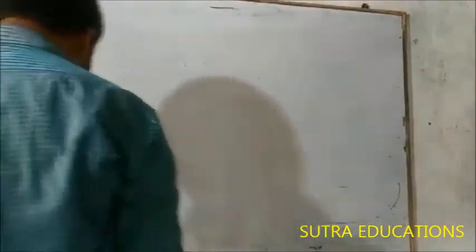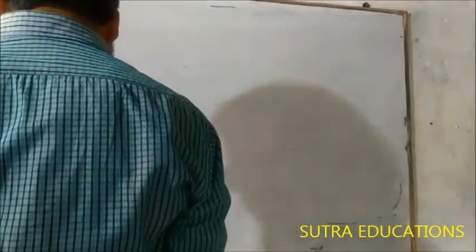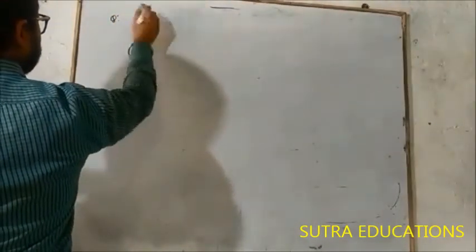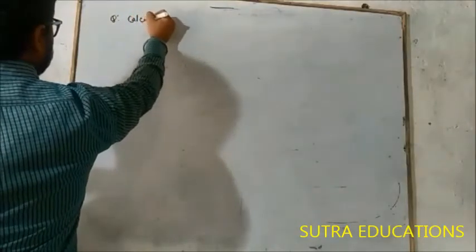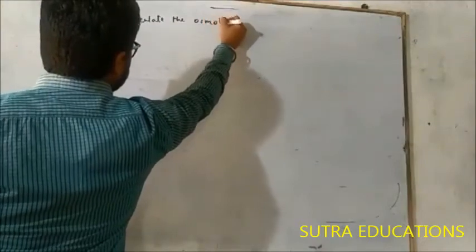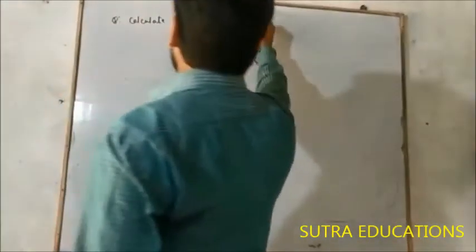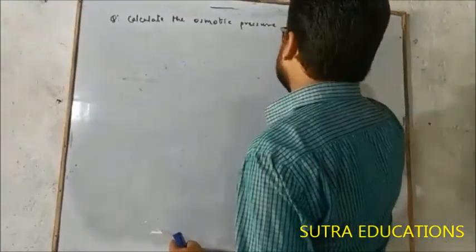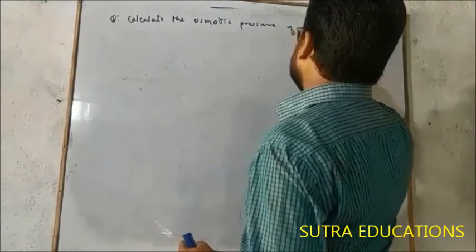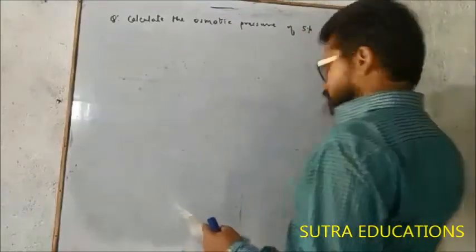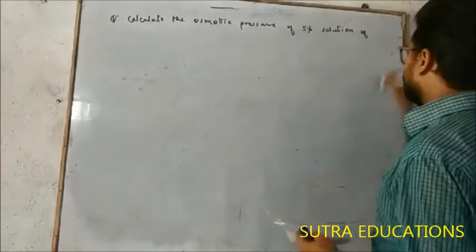The question is: calculate the osmotic pressure of a 5% solution of cane sugar.